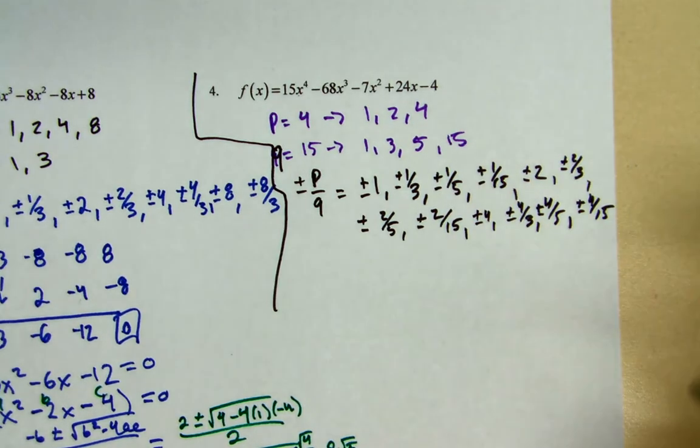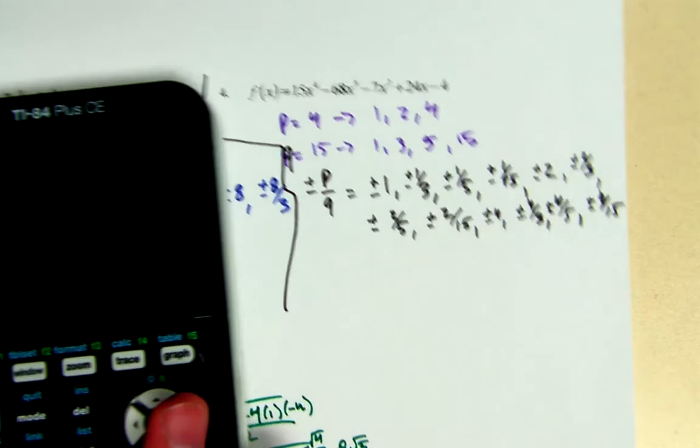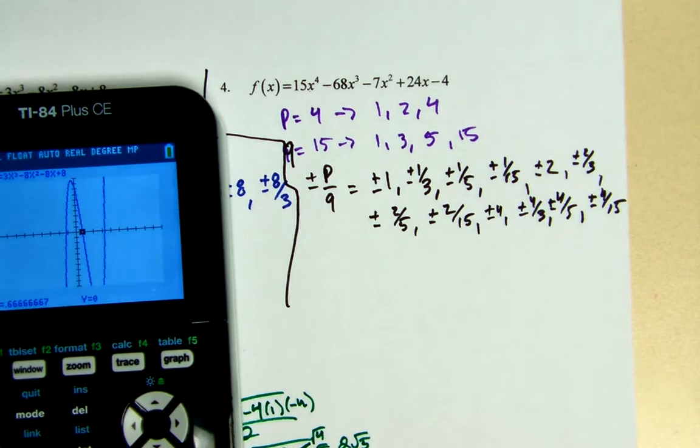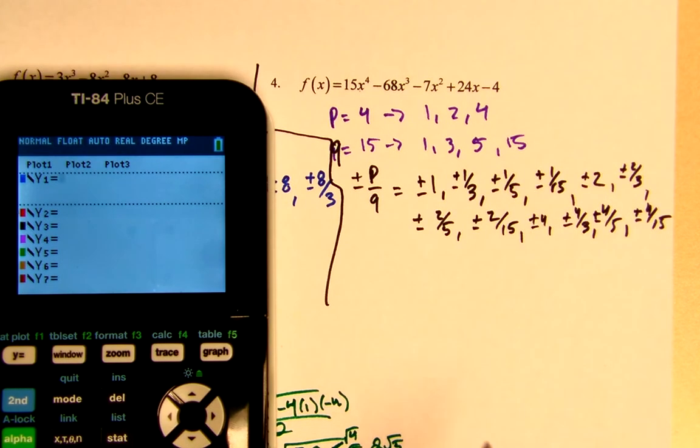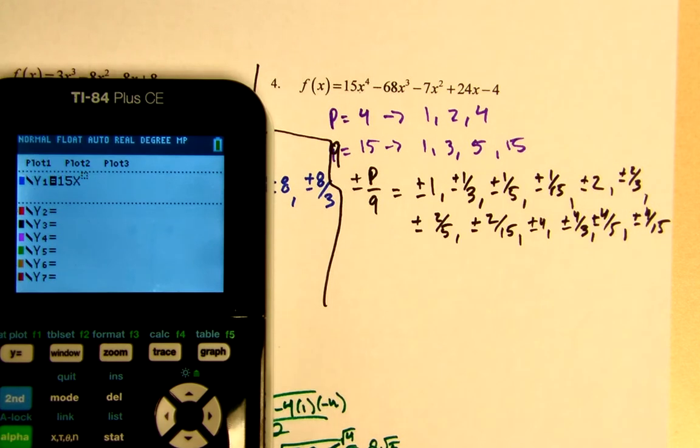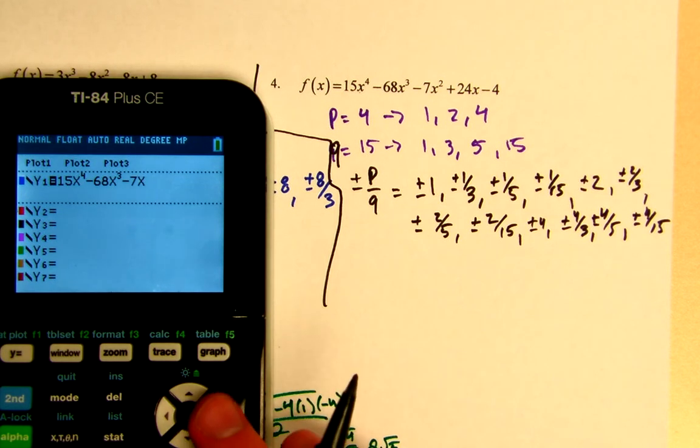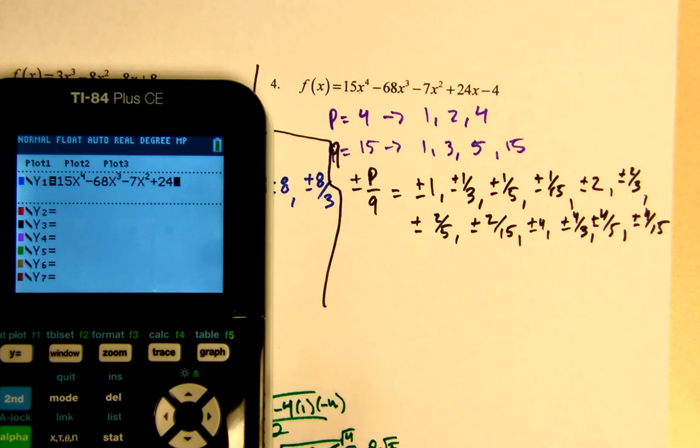Again, using the calculator is super helpful here. So taking your calculator, what happens here? Go ahead, we need 15x to the 4th minus 68x cubed minus 7x squared plus 24x minus 4.